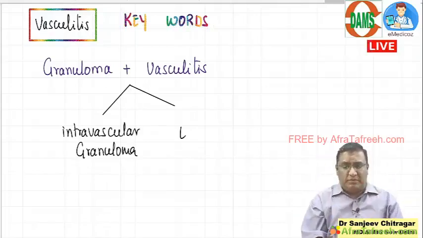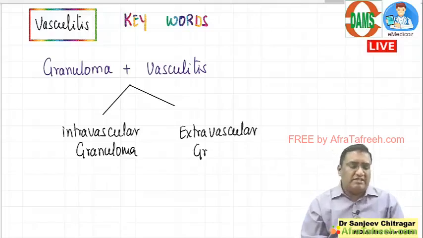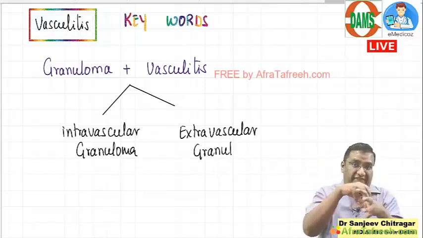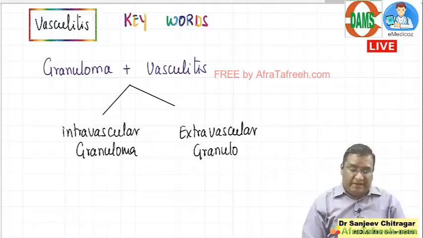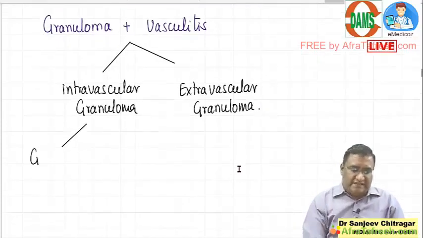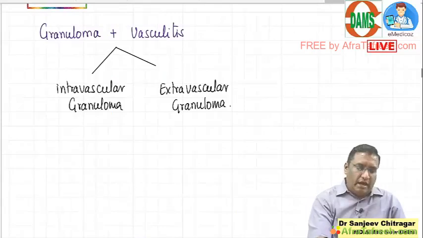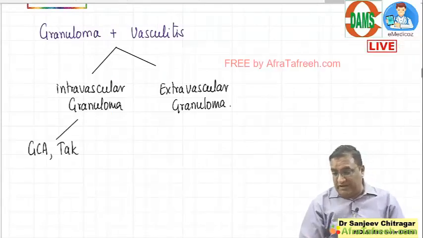Granuloma is a chronic inflammation, by the way, or extravascular granulomas. If the granulomas are outside the vessel, not inside the vessel, that means granuloma is not causing vasculitis. There is a vasculitis happening and granuloma is a separate entity happening. Since granuloma is a type 4 hypersensitivity, it can happen just like that as well because of a type 4 hypersensitivity vasculitis sometimes.